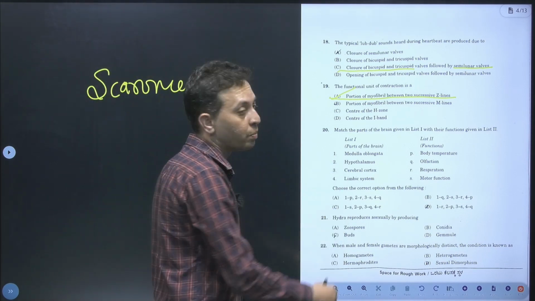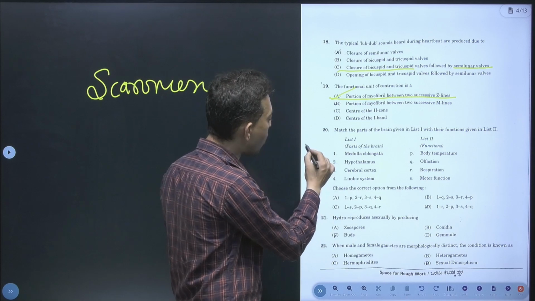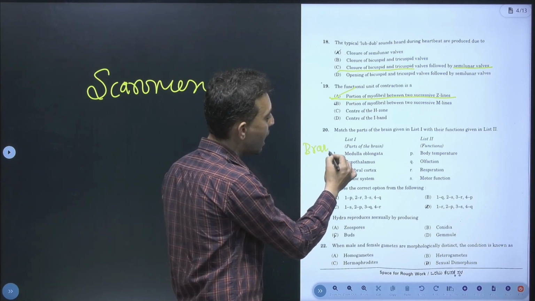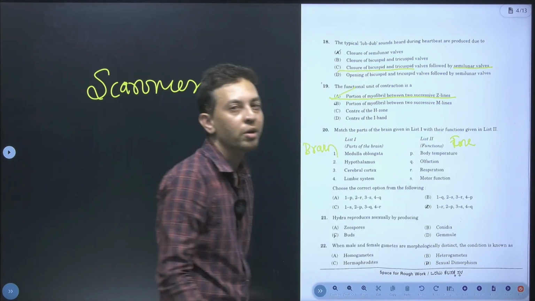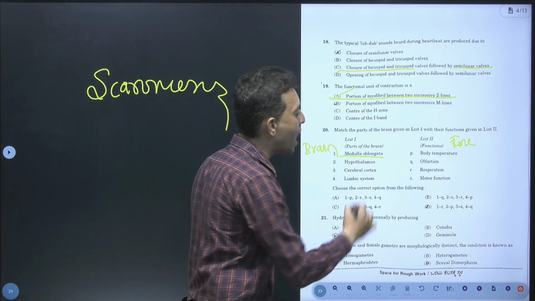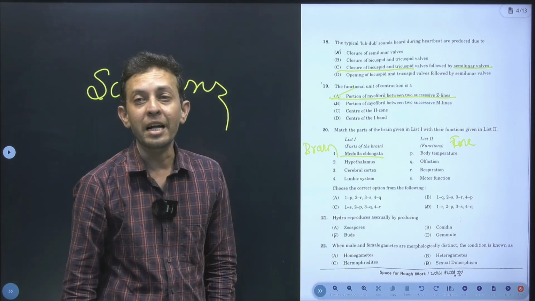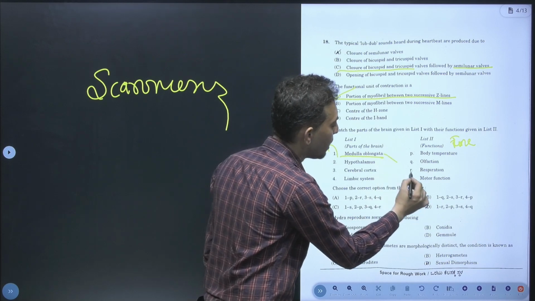Next one is match the following. Here they are given the region of brain, and alongside they are given the functions of their respective parts. So here we all know medulla oblongata is responsible for respiration, right?